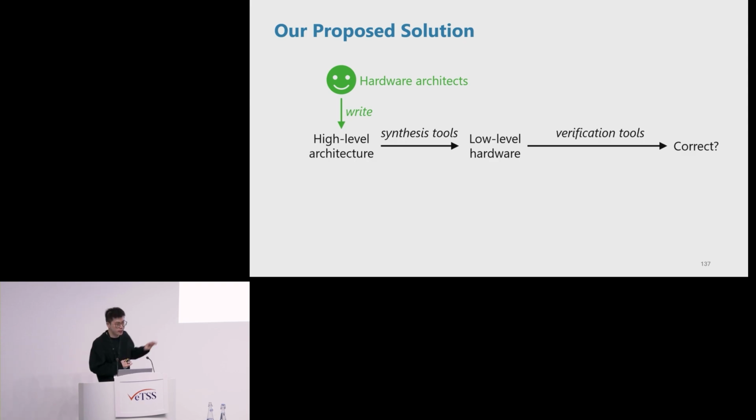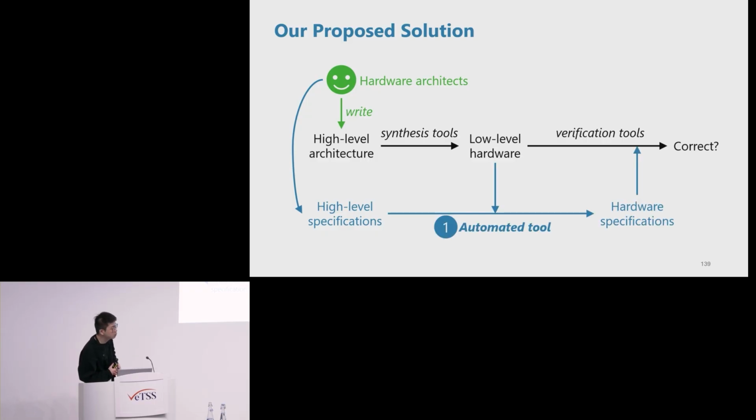The hardware architects are the people who know the most about their designs. So we think, what if they could also write high-level specifications while they are writing their designs in a software language, ideally in something like Dafny, so that these specifications are verified in software with their design. And it would be nice if we had an automated tool to translate these high-level specifications to hardware specifications that can be picked up by the verification tool to do hardware verification.